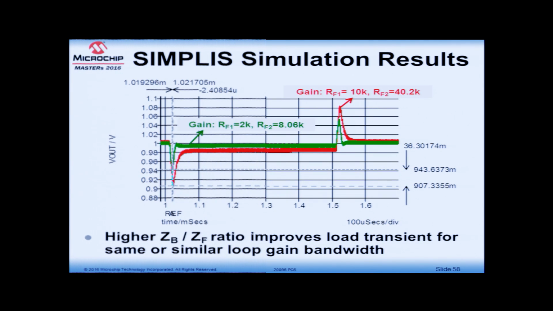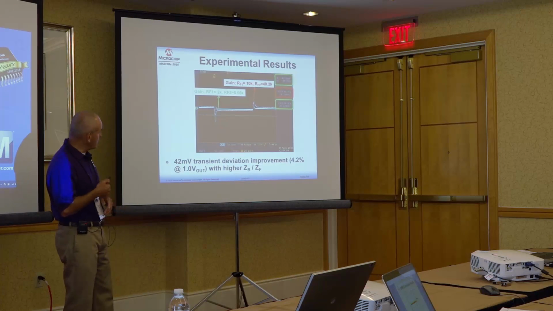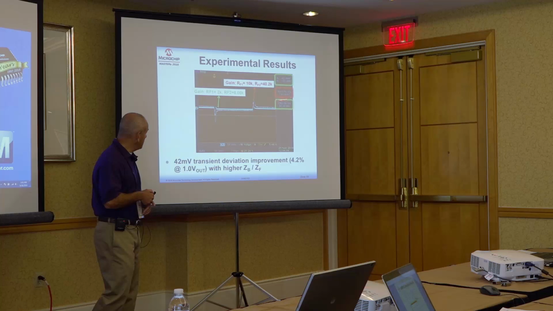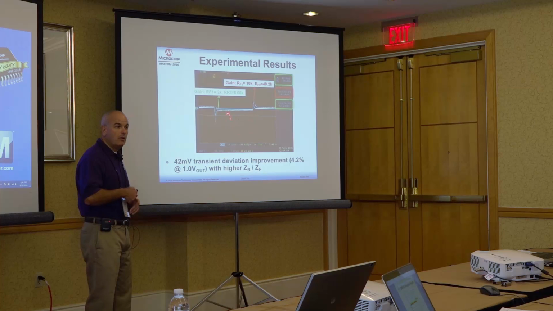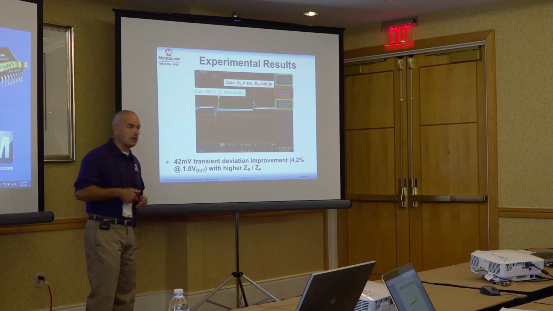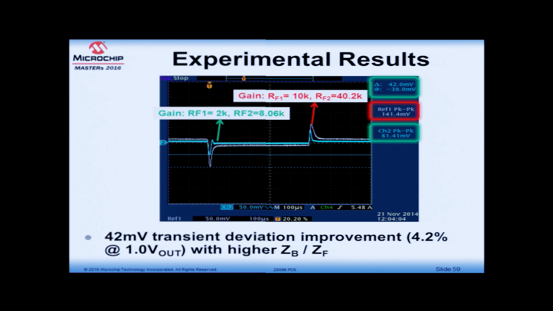And for exactly the same setup, we go to experimental measurement, and we see a very close number for the load transient improvement by setting the feedback impedance to a lower level. It's 4.2%, which is quite a bit at 1 volt.